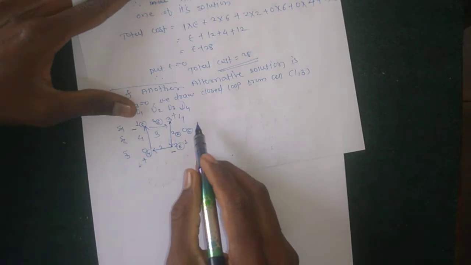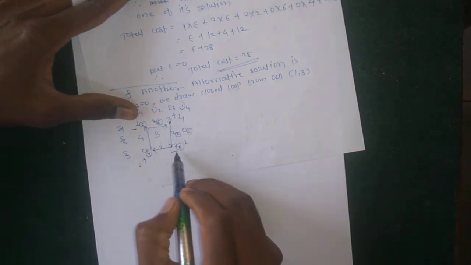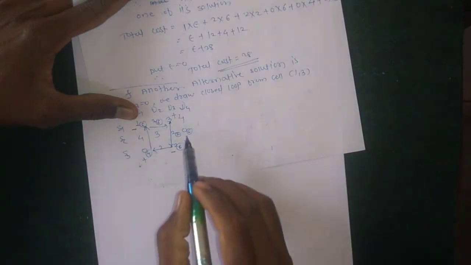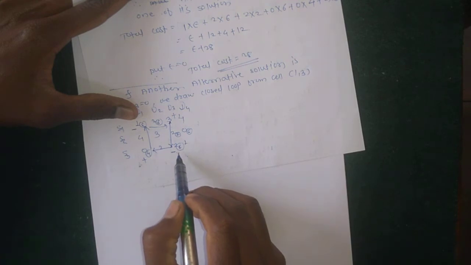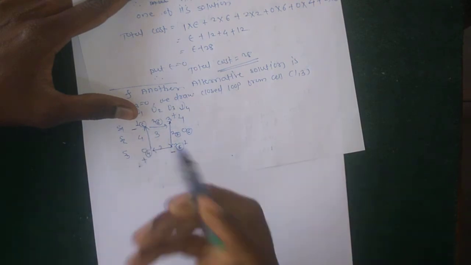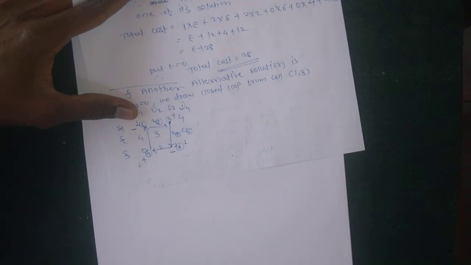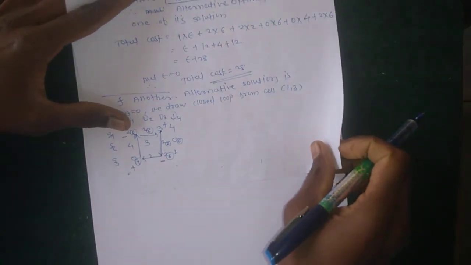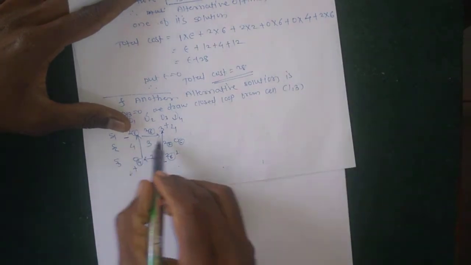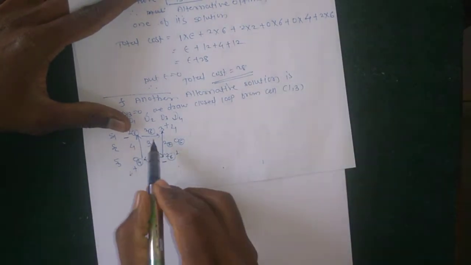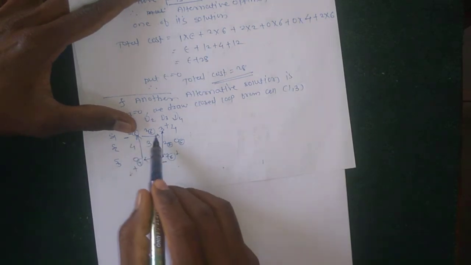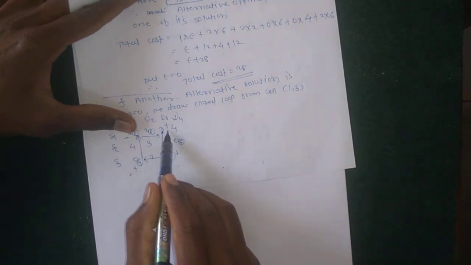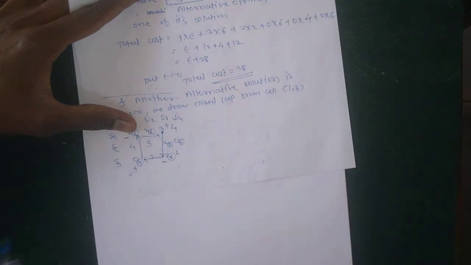Then for the negative signs, the smallest allocation is 6 or epsilon. Here epsilon is a very small quantity. If we take epsilon, then the number of allocations is this 0, and all the others again epsilon.